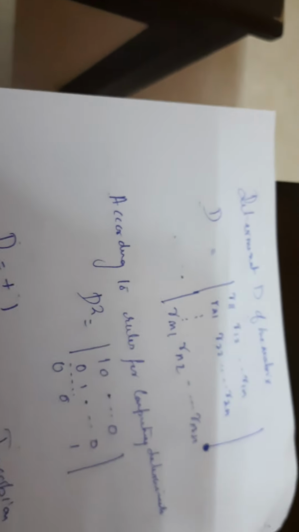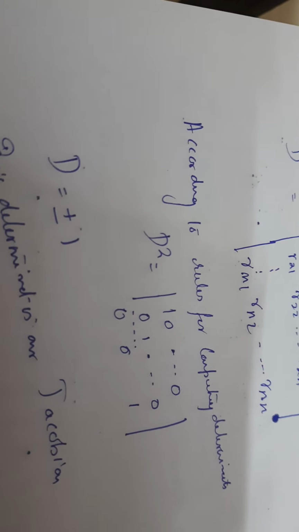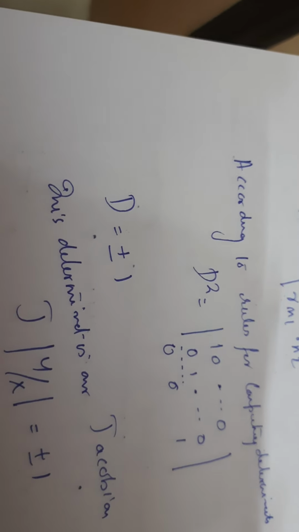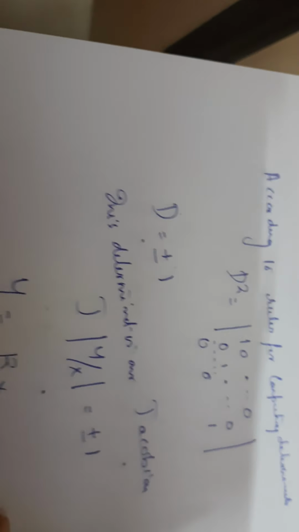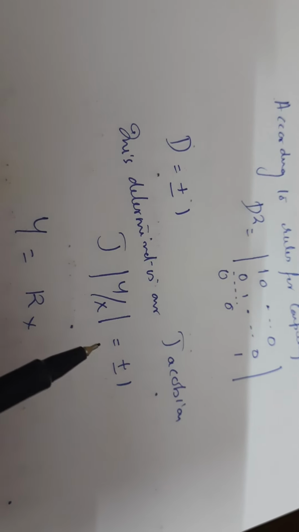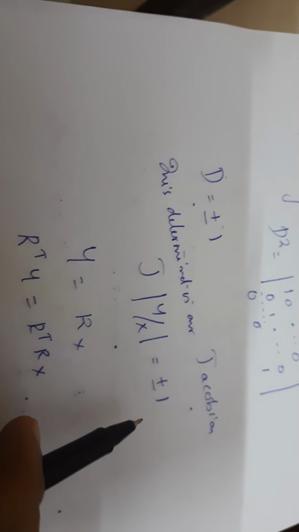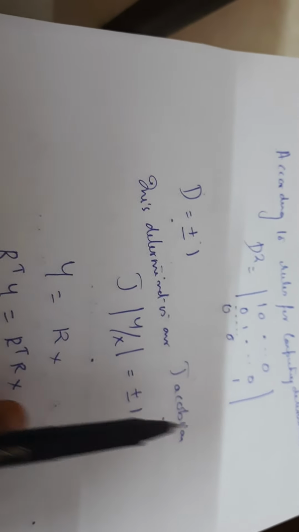So now we have to just come to the conclusion. This is the determinant of the matrix that I have written here. Only the diagonal elements are there, and then d is given by plus or minus 1. Here our determinant is nothing but our Jacobian. This also we saw before. So the Jacobian of y over x is equal to plus or minus 1, because this is your determinant.